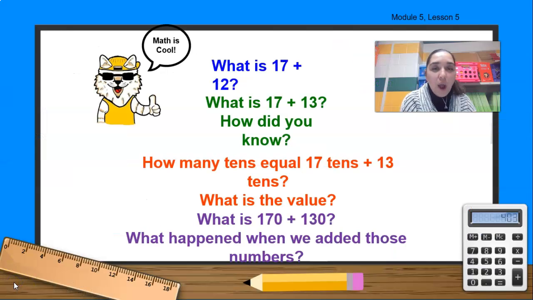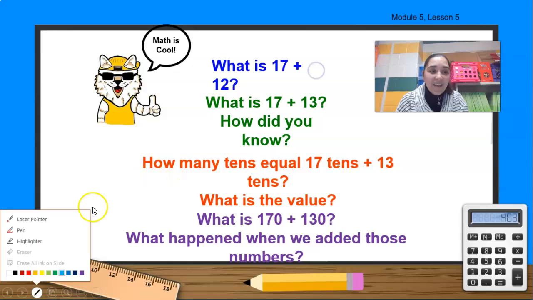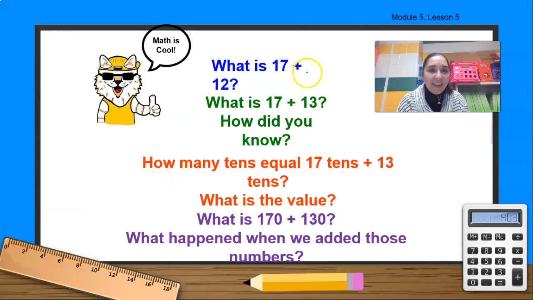Here's the last problem that we're solving. I want you to think, what is 17 plus 12? What is 17 plus 12? Yes, 17 plus 12, boys and girls, is 29. What is 17 plus 13? Get ready.